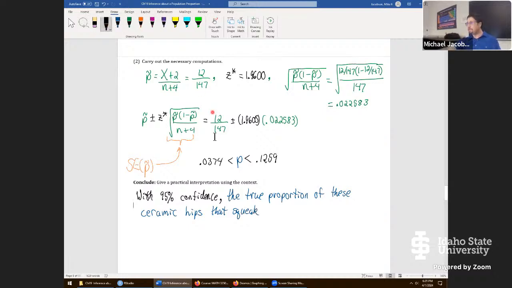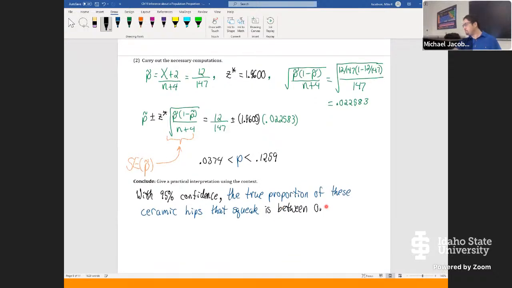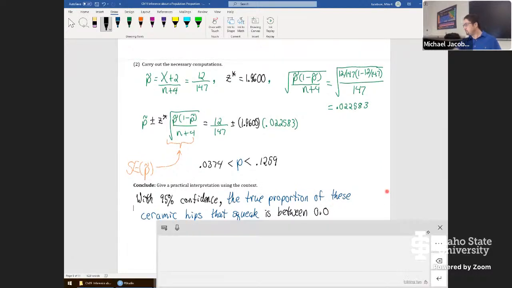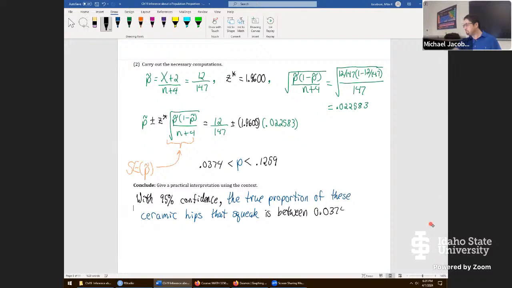Because I said proportion, I'll just keep the numbers in this format rather than 3.74%, is between 0.0374 and 0.1259.